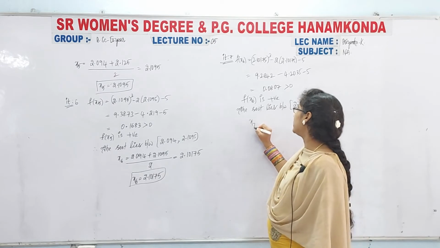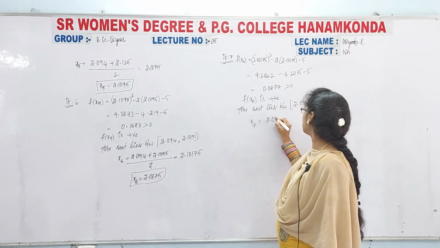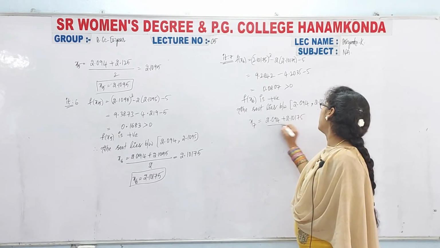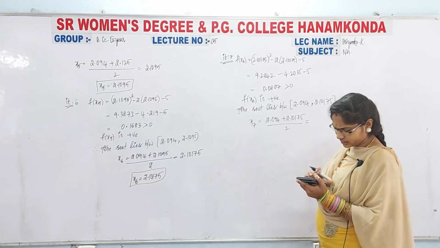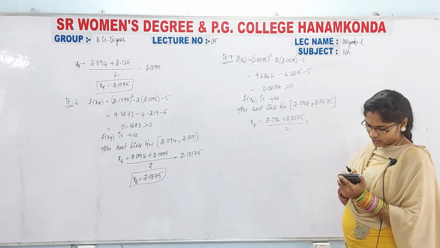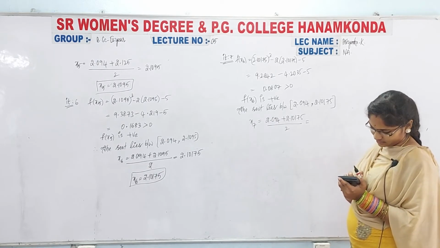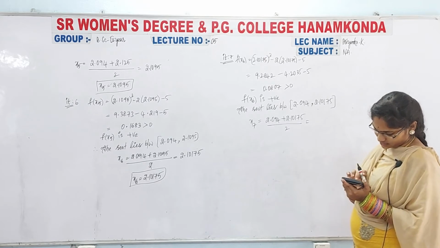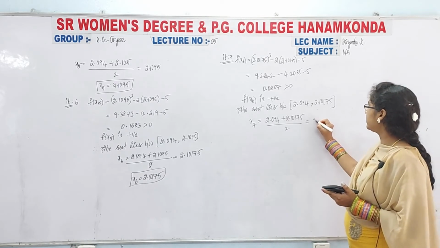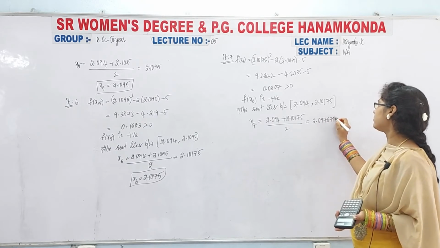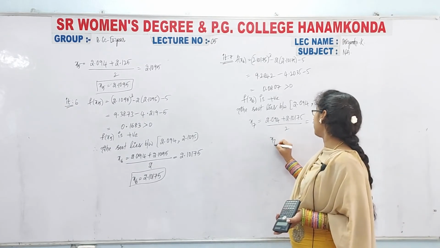Now we have to calculate x7, that is 2.094 plus 2.10175 divided by 2. Then what we get, it is 2.097875. So therefore x7 is equal to 2.0978.